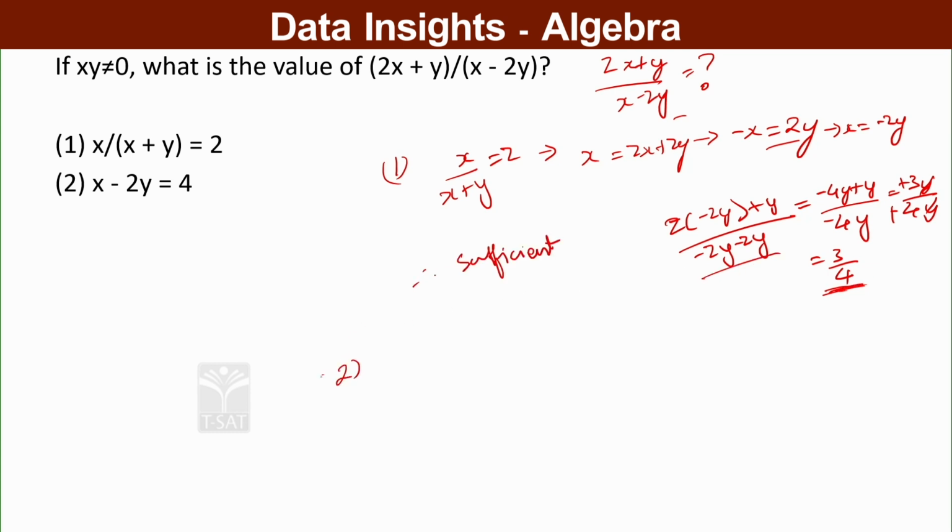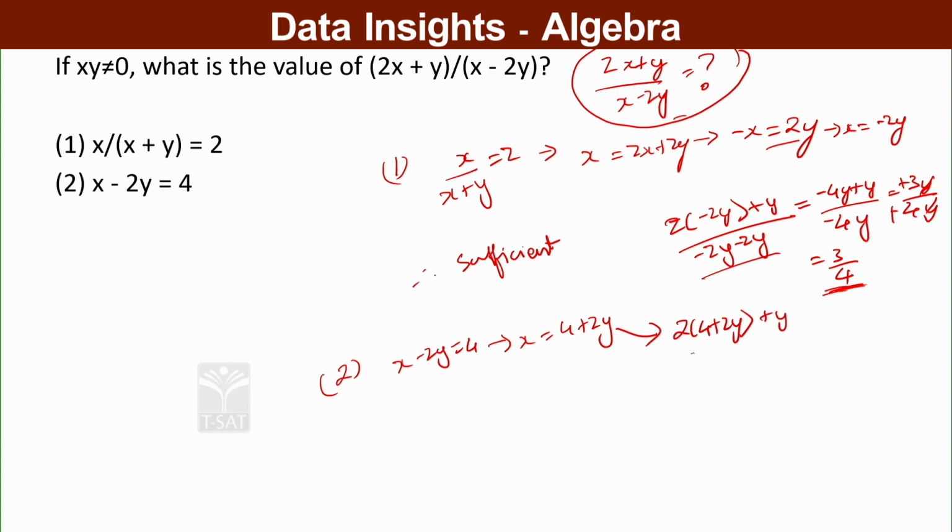But when you look at the second statement, x minus 2y is equal to 4, which means that x is equal to 4 plus 2y. Substituting it into the expression of which we need to find the value, you have 2 into (4 + 2y) plus y, divided by 4 + 2y - 2y, which is equal to (8 + 4y + y) divided by 4, which is (8 + 5y) divided by 4.